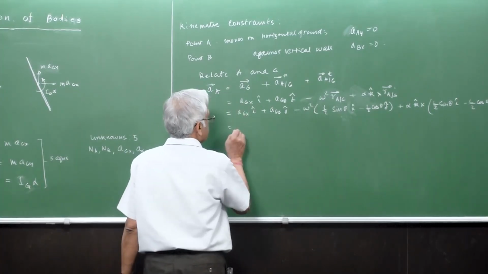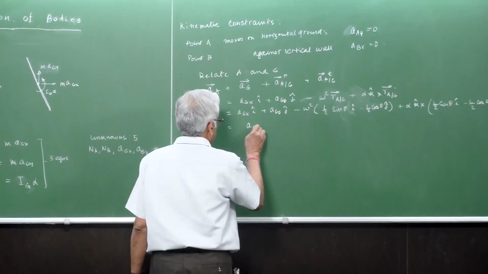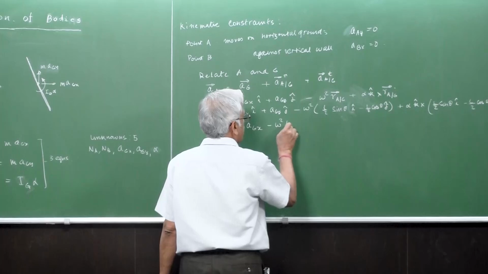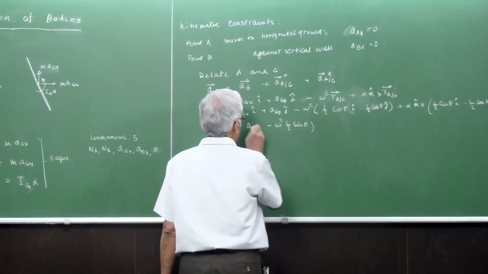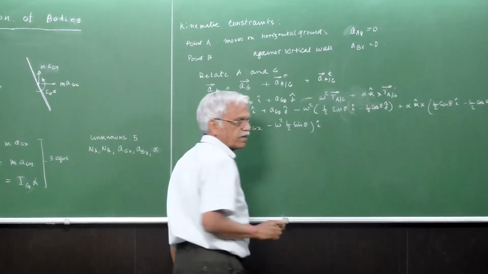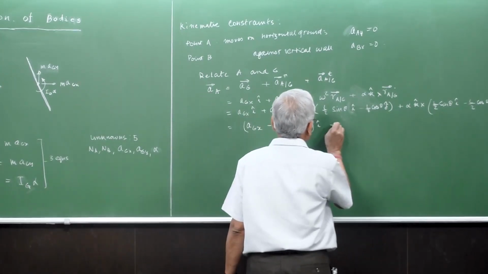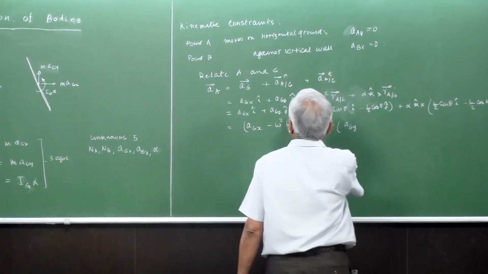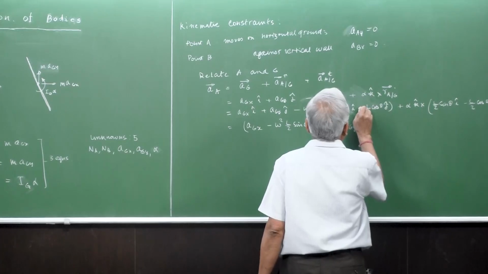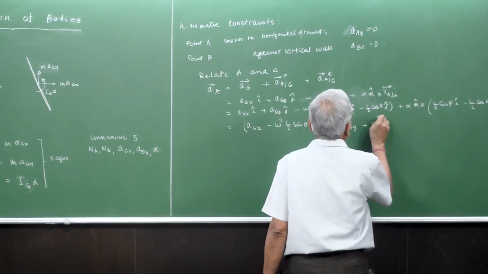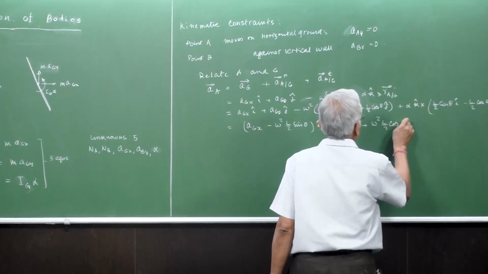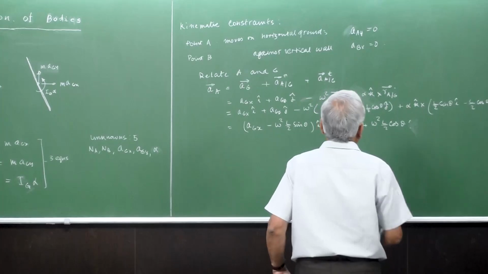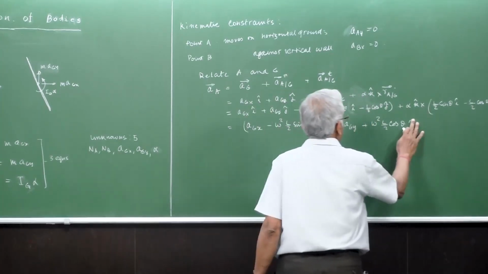Okay, so let's simplify this one. Let's collect I components, A jx, and then this is omega square L by 2 sine theta I, A j y, and minus omega square plus omega square L by 2. And also we have another component here which has to be accounted.